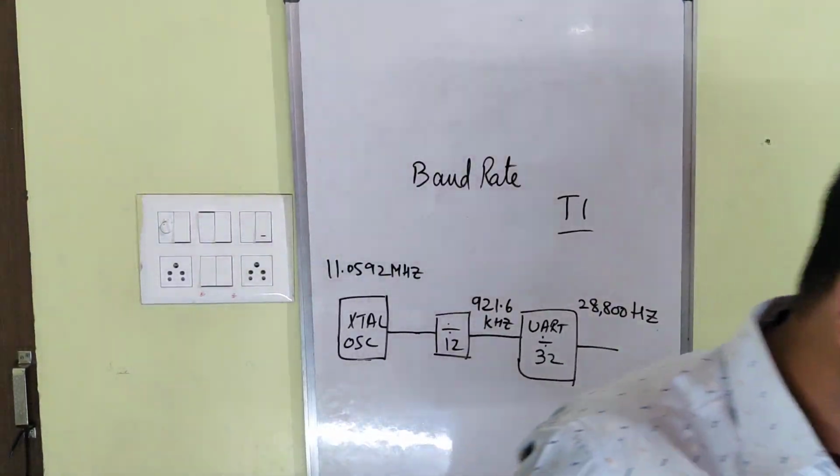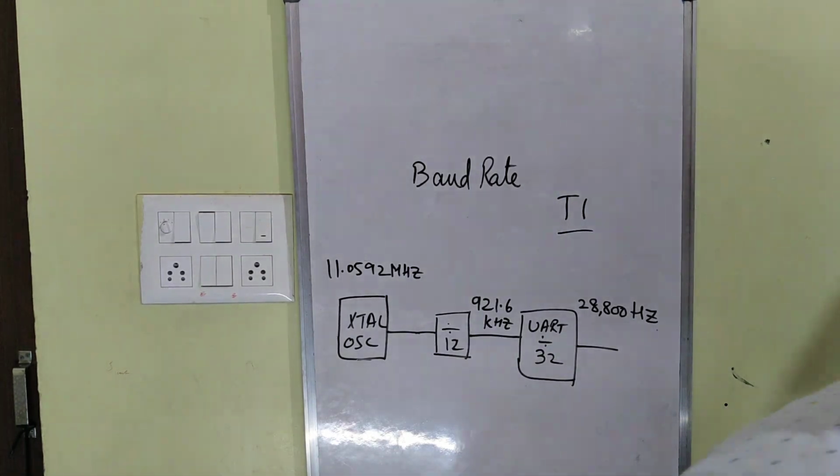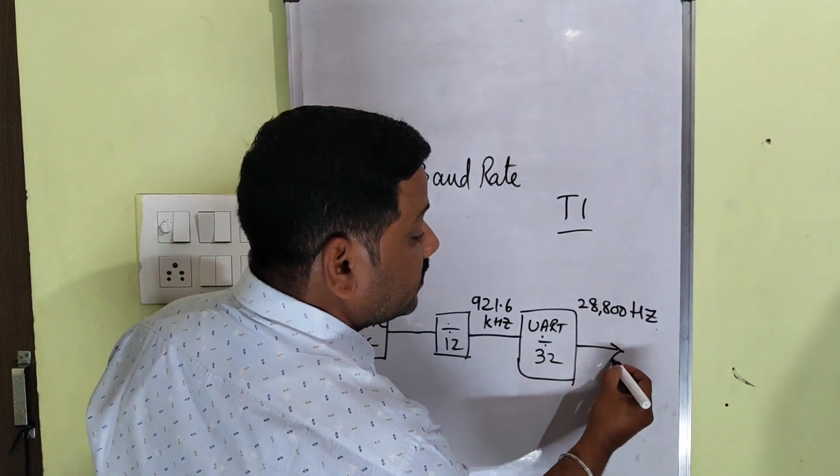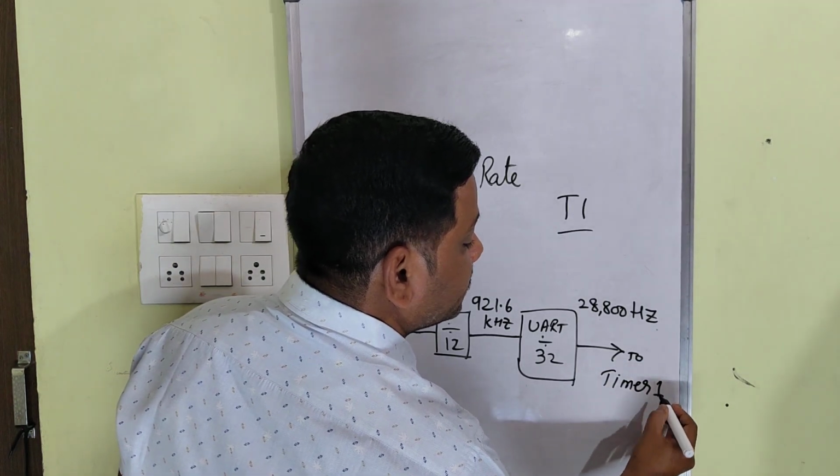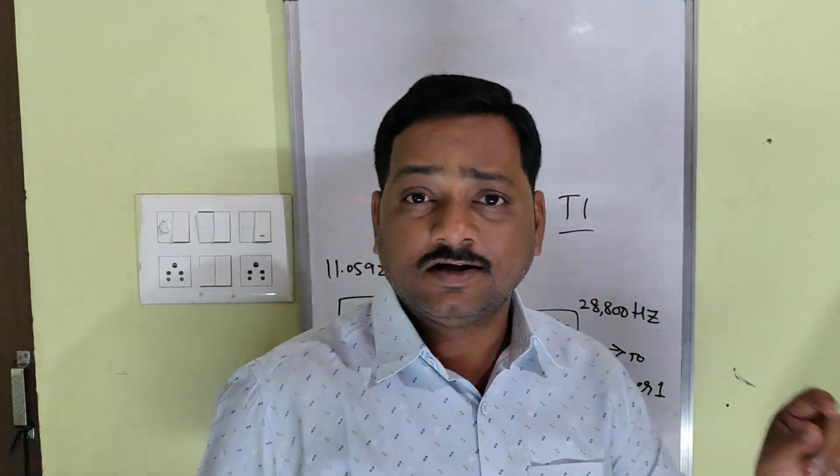Okay, 28,800 Hertz. And this frequency is given to timer 1. So the frequency 28,800 Hertz is given to timer 1.